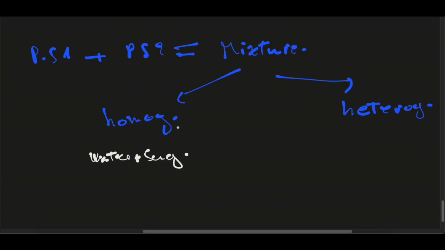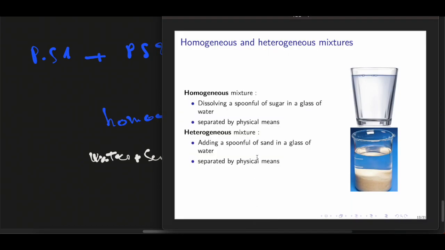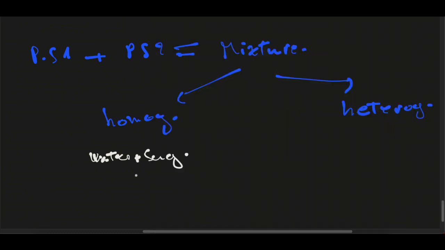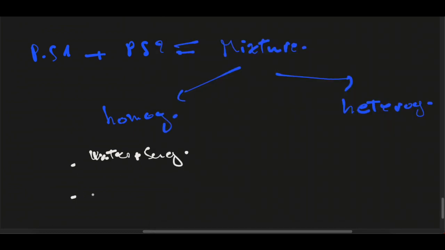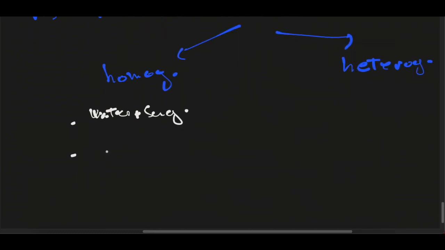We cannot notice the difference between water alone and water plus sugar. Also, a characteristic of a homogeneous mixture is that it has a constant composition throughout the solution. We have the same composition.